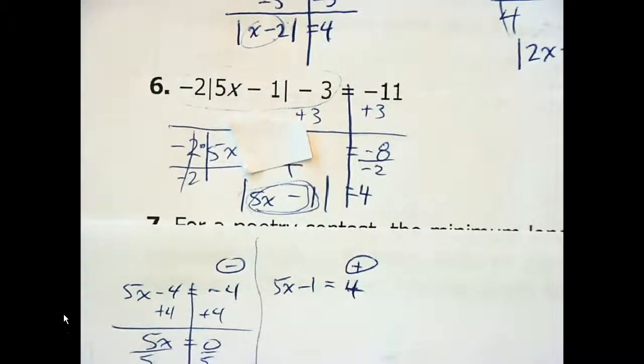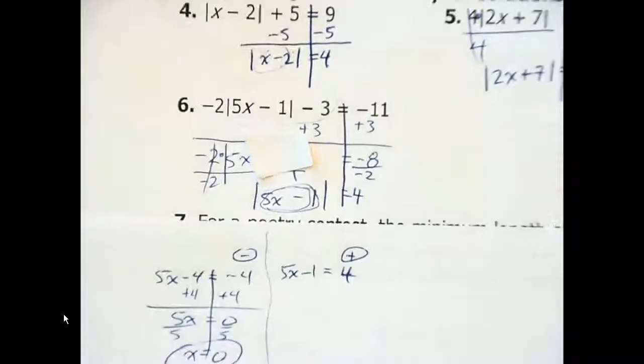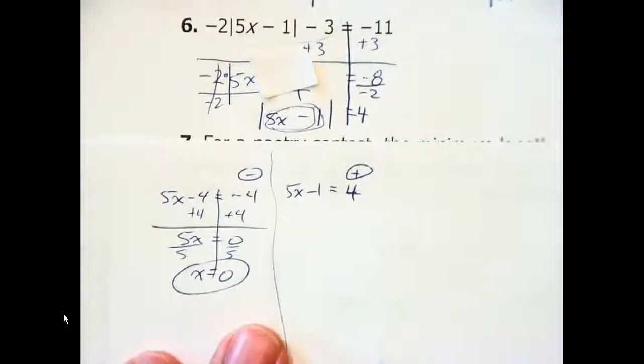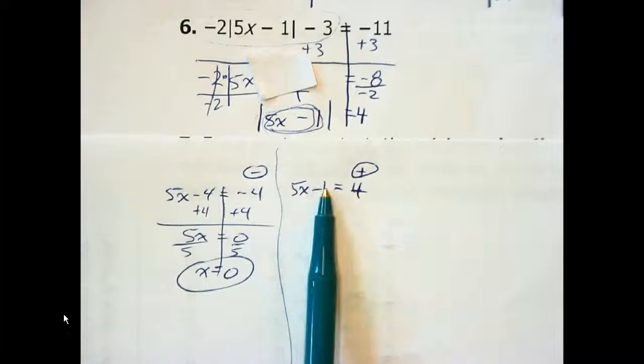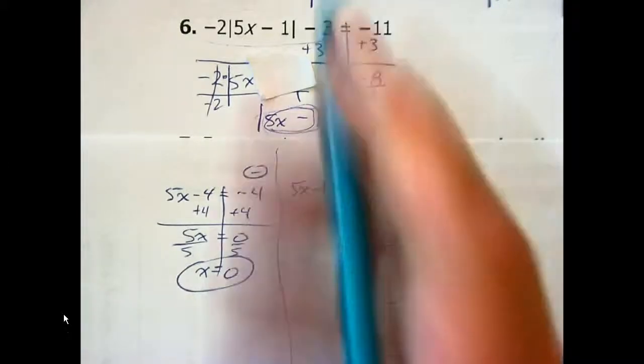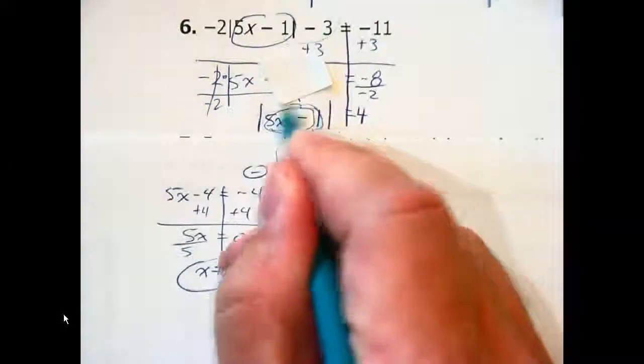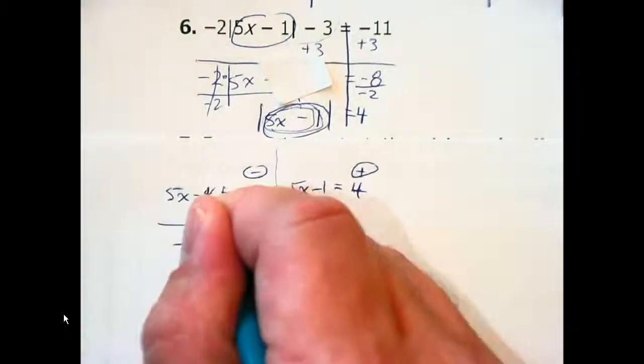You guys have to tell me when I'm off the screen. So which one should it be, 5x minus 4 or 5x minus 1? It's 5x minus 1. So this was wrong.